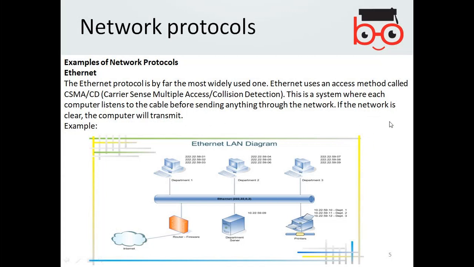For example, if you have connected your computer to an Ethernet LAN, it won't be the case that you send a message or data packet over the network without confirming that a connection on the network exists.